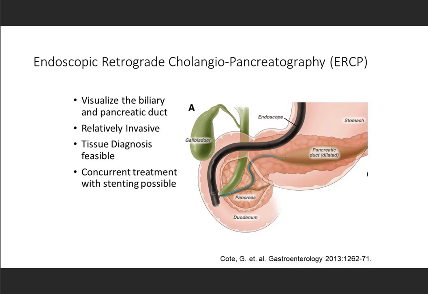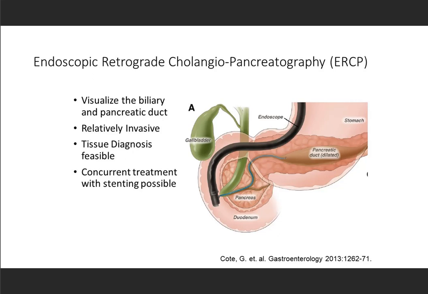For example, if a patient comes in with jaundice and a CT scan shows that there is a tumor obstructing the common bile duct, then an ERCP would be appropriate not to diagnose the tumor, but to place a stent to decompress the obstructed bile duct.